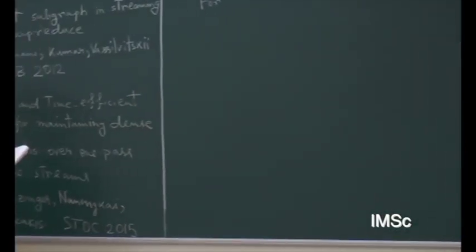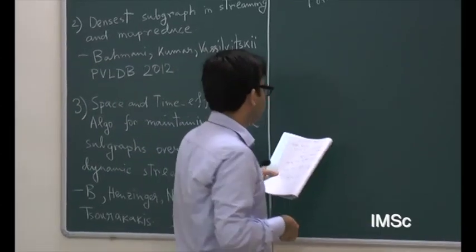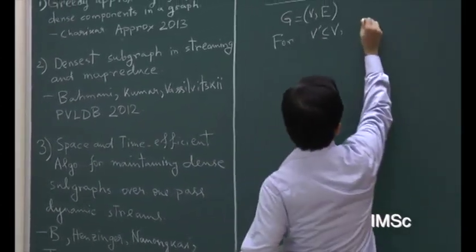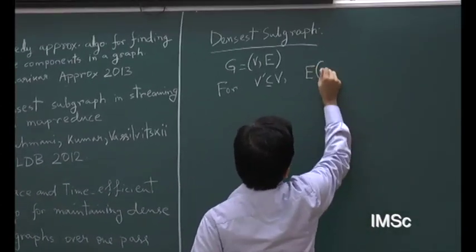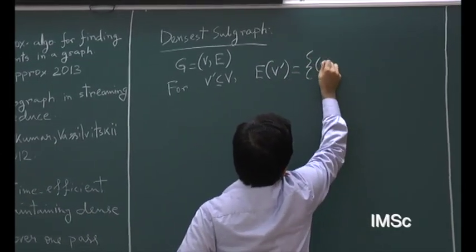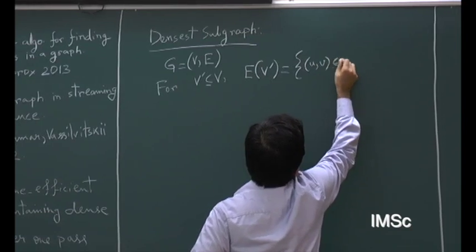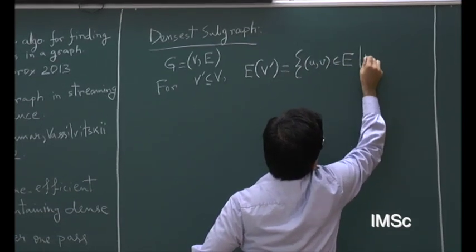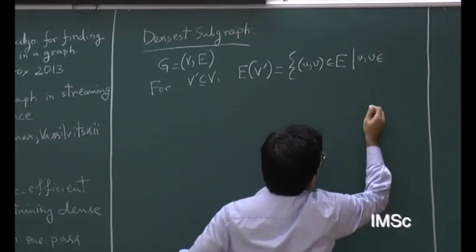So for any given subset of nodes V prime, let us define the following notations. This is the set of edges in the graph with both endpoints in V prime.